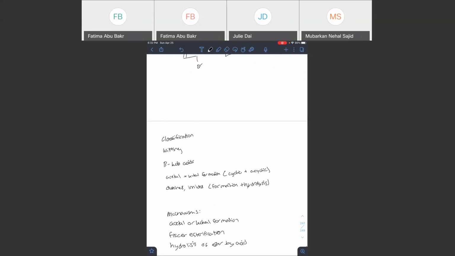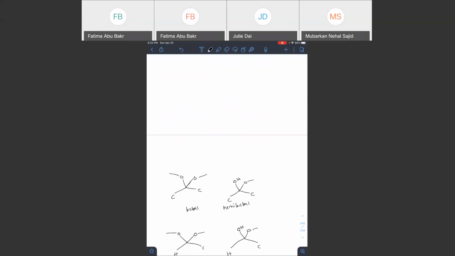Okay, so next, I want to go to some Wittig reactions. So Wittig reactions are definitely going to be on the exam. And the way that they work is they take a carbonyl, and so we could have any carbonyl that looks like this, for example, and we're going to react that with something that is attached to, so we could have like this, for example.